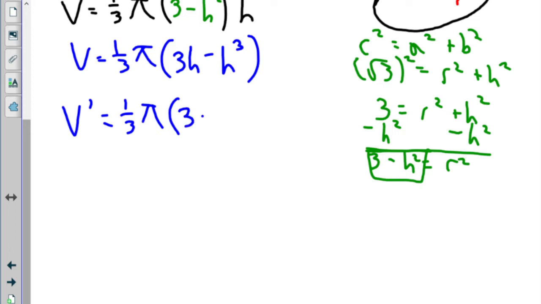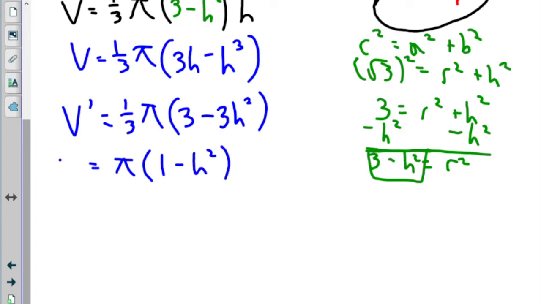Derivative of 3h is 3. Derivative of h cubed is 3h squared. Let's go ahead and distribute out that 1/3 because it'll cancel the 3's. And we want to know when that's 0.